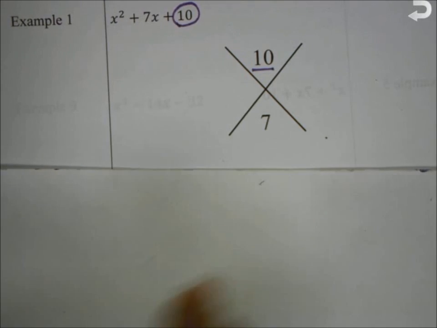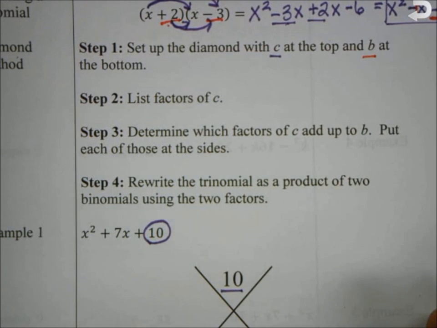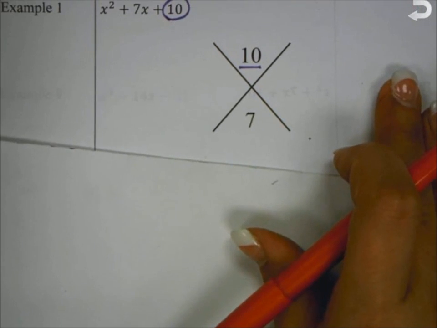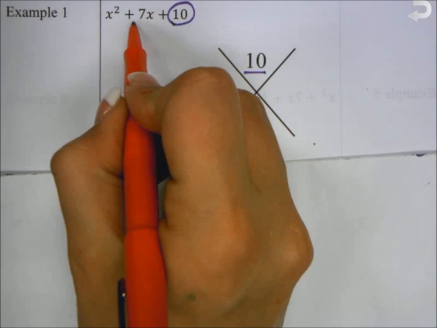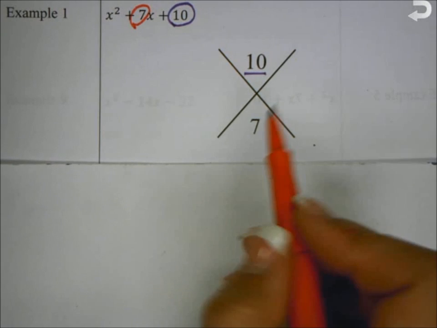B, right? B goes at the bottom of the diamond. What is B? B is the number that's in front of the x. Positive 7 here. So positive 7 goes into the bottom.